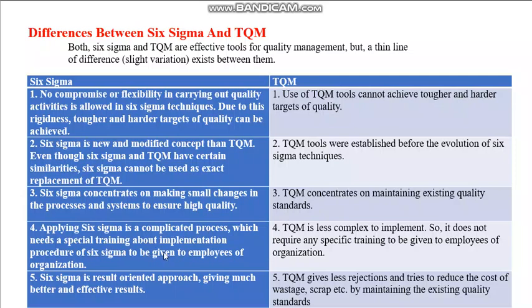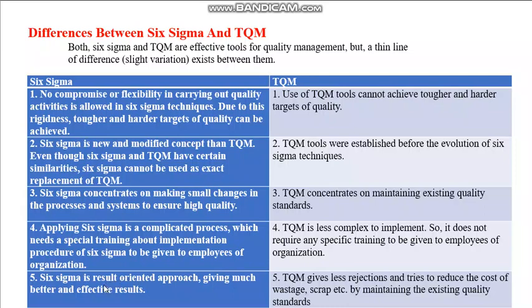And the fourth difference is applying Six Sigma is a complicated process. Complicated in the sense it needs special training about the implementation procedure of Six Sigma to be given to employees of the organization. So special training and other things are to be imparted to the people. Whereas TQM is less complex to implement, it doesn't require any specific training to be given to employees of the organization.